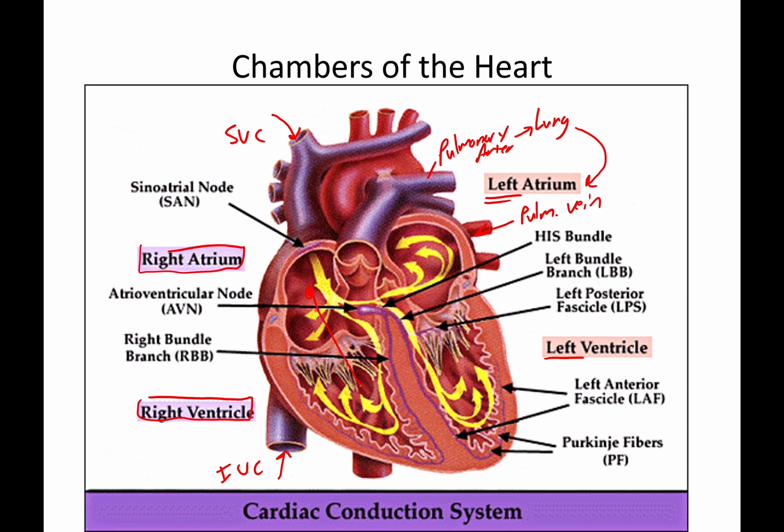That blood then flows into the left ventricle, which then flows up through the pulmonary arteries and out through the lung, gets oxygenated, comes back through the pulmonary vein, into the left atrium, left ventricle. Left ventricle contracts and it spits it up out through here into the aorta and the rest of your body. That's the important things about the blood flow.